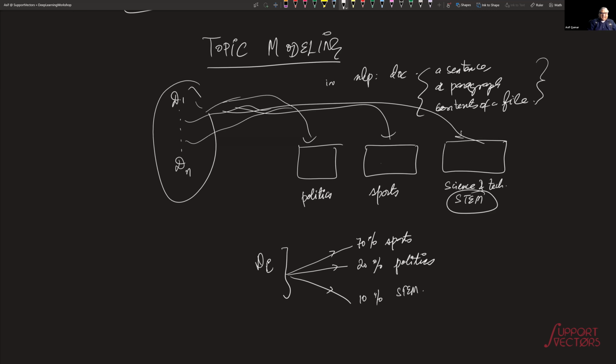So if this document were a pie, you could divide it like this: this part is sports, this part is politics, and this little part is STEM. Are we together? So this is a document Di to these three topics.